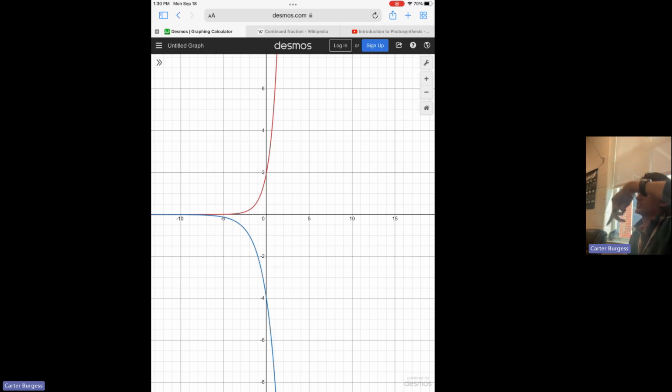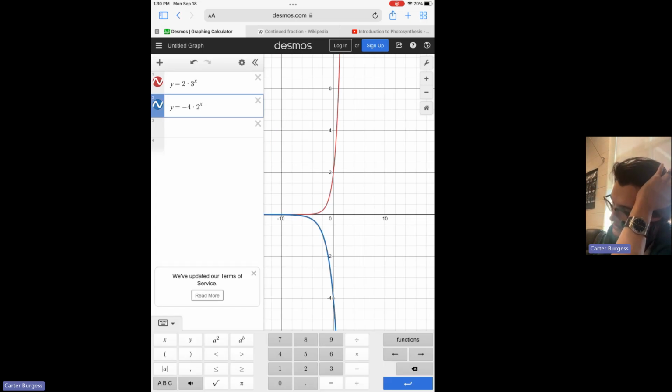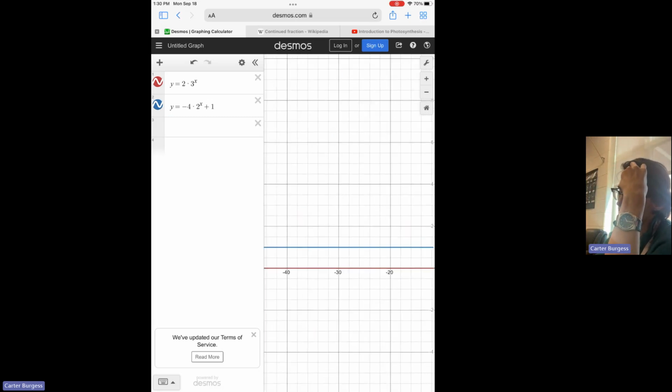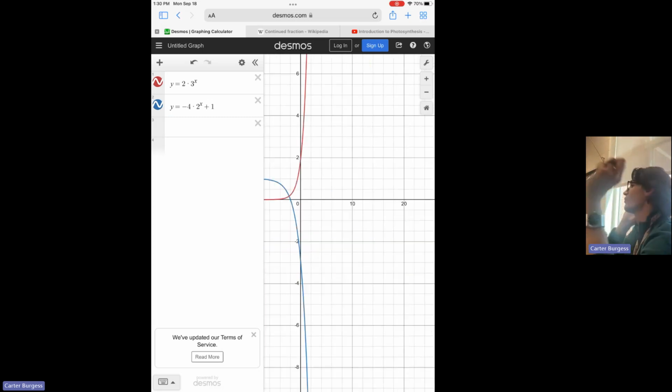Taking that positive versus that negative, flipping it upside down, multiplying by -1, hopefully a very predictable effect. And then what would we expect to happen when we add 1? Well, it should just shift everything up by 1, which is exactly what we see. So now notice that rather than converging to 0, the -4 times 2 to the x piece does go to 0. But then what are we doing to that output? We are adding 1 to it, and so everything shifts up by 1.